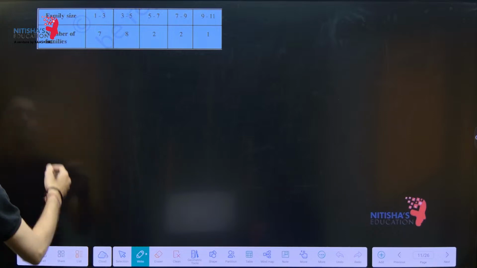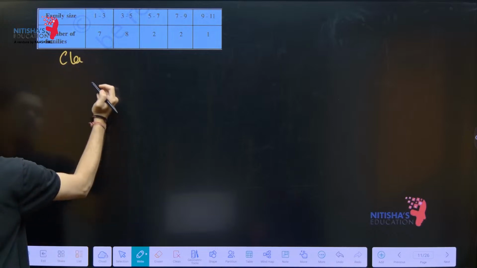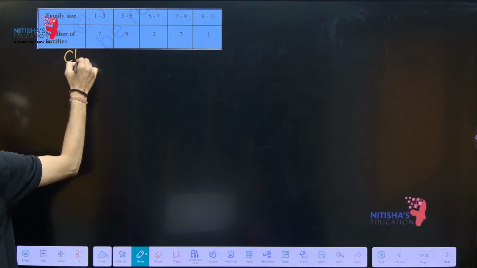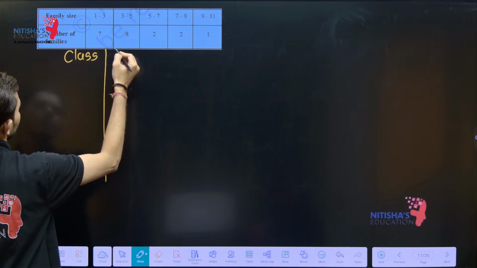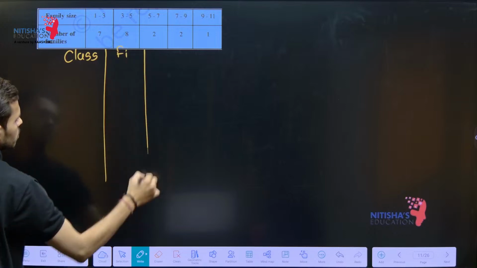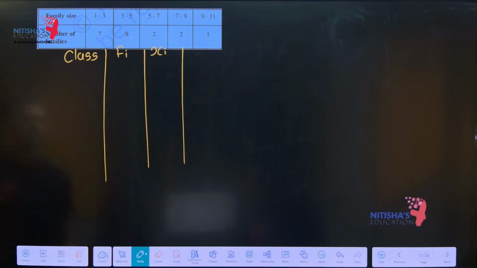Let's, with the help of this equation, find the mode. Let's plot the table. Here we have class, we have frequency. Let's find out the class mark.